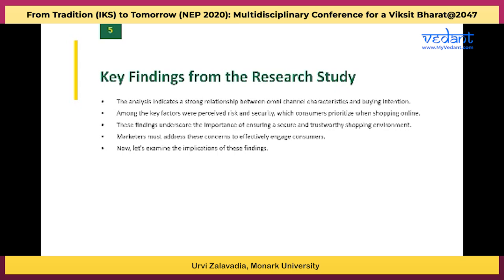The marketer must address these concerns to effectively engage consumers. Normally, if you want to generate growth for your business, then you need to focus on these omni-channel and tech-savvy consumers to increase the distribution of your product. Now let's examine the implications of the findings.